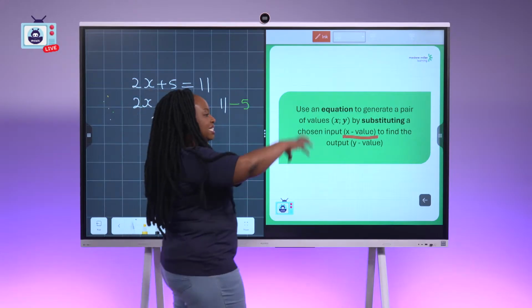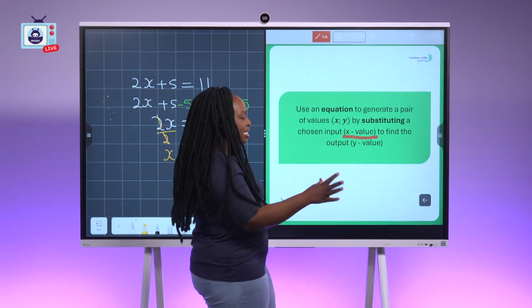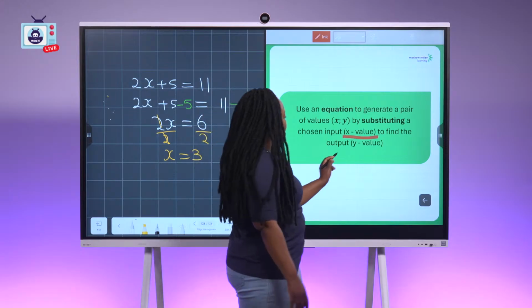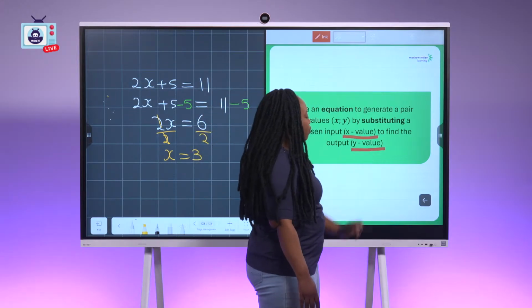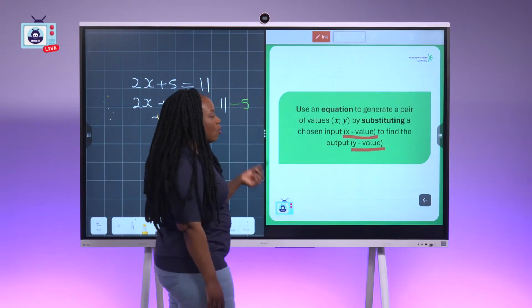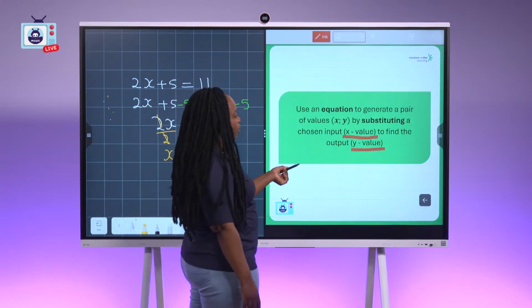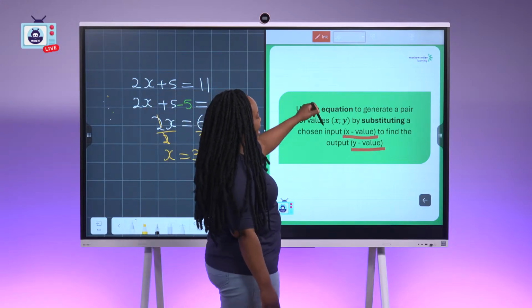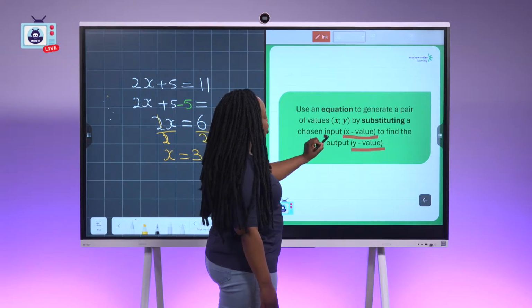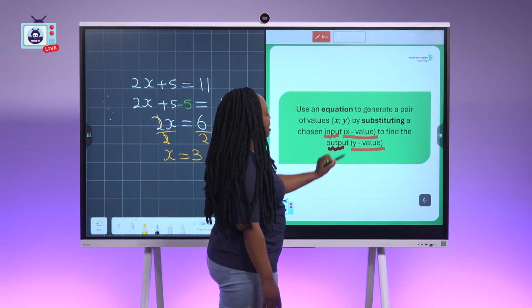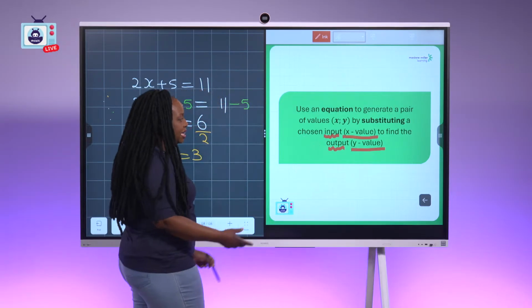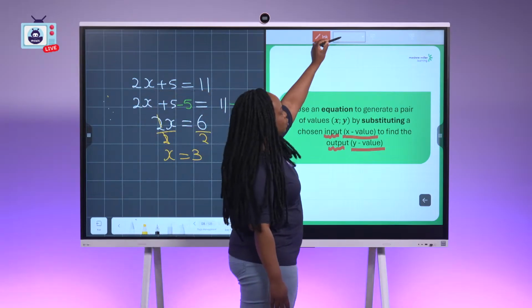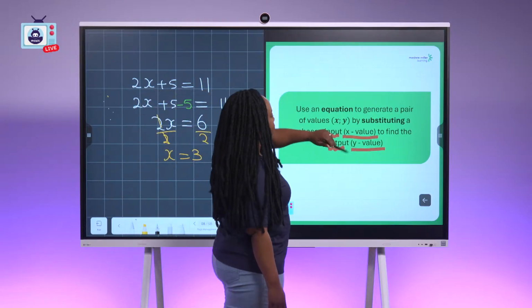But when you get the answer from that input that you have just put in, we then call that an output, which is the y values. So it's very important for you to understand the relationship between the two, but also the meaning of the input and the output in relation to x and y.